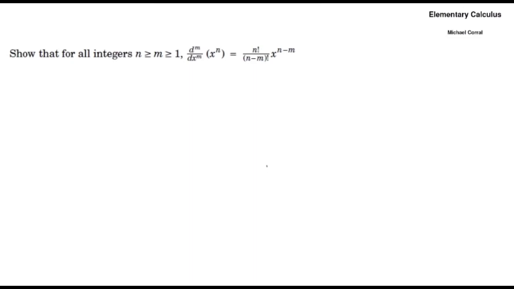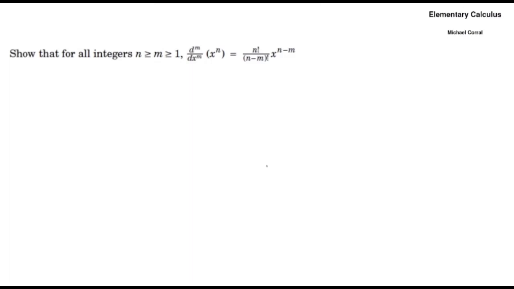And the final question: show that for all integers m less than or equal to n and m greater than or equal to 1, the m-th derivative of x to the n power equals n factorial over (n minus m) factorial times x to the n minus m power.